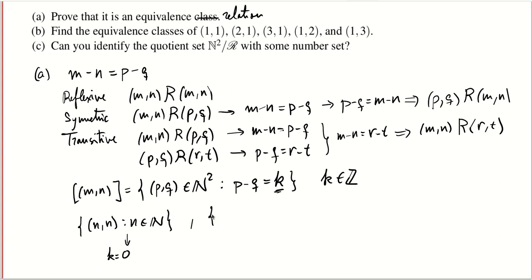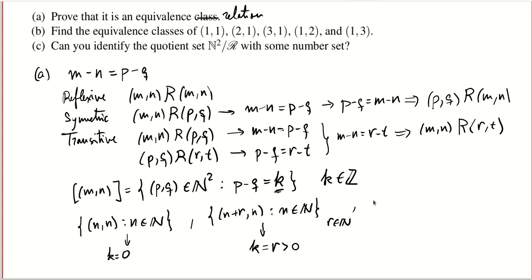Then there is the class (n plus r, n), right, where n is any natural number and r is fixed. R is a natural number, right? So these are all the pairs whose difference is equal to r, positive, right?